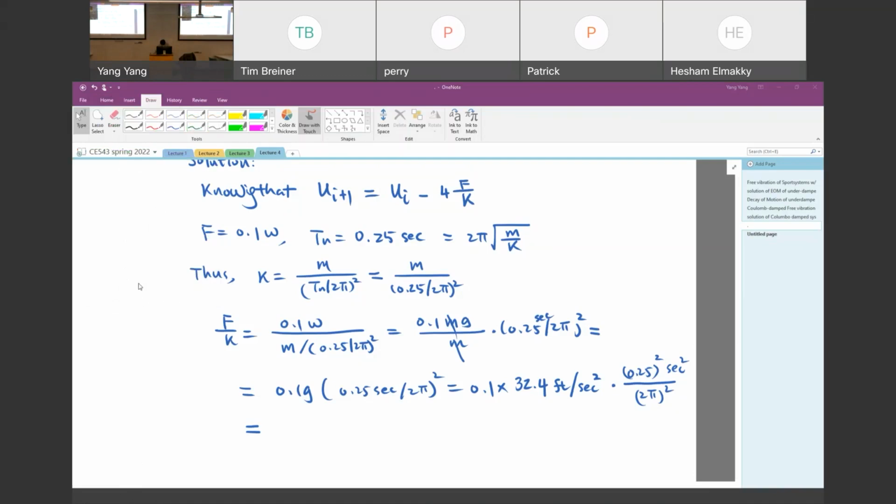We have 0.1 times 4 times 0.25 squared, that's 1/16, over 4 pi squared, is about 0.005. We got 0.005 foot.